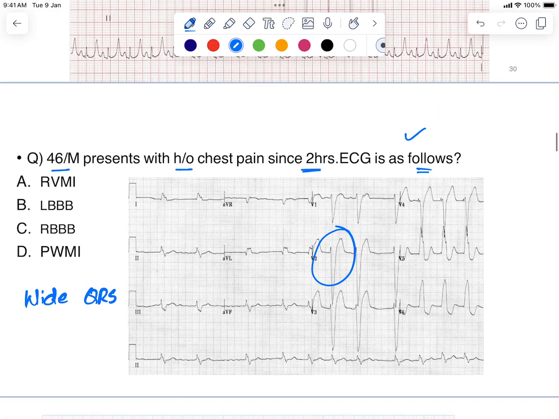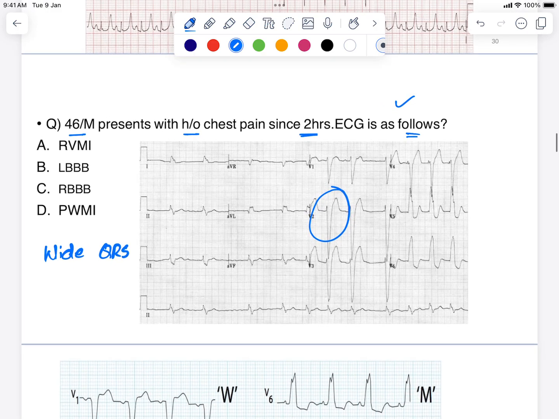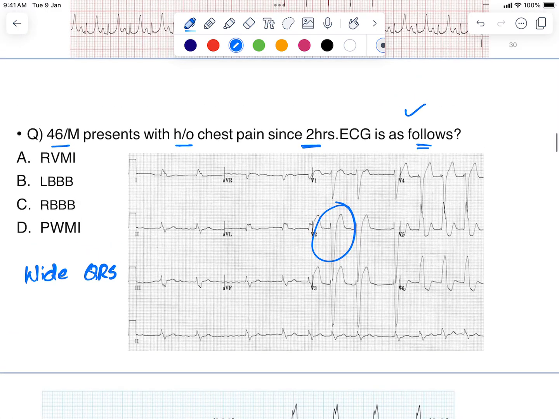Now, along with wide QRS complex, what are you observing also, right? You are also observing the presence of the ST segment elevation. So wide QRS complex as well as the ST segment elevation.